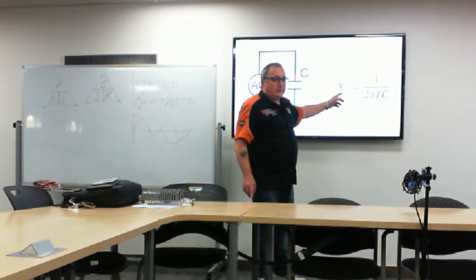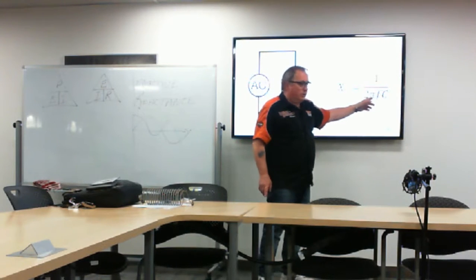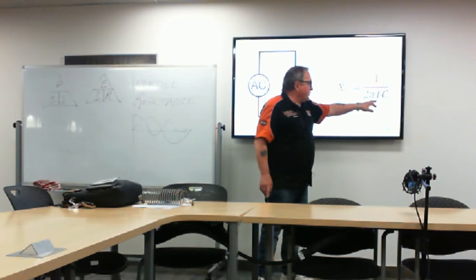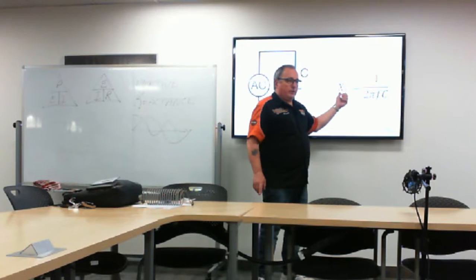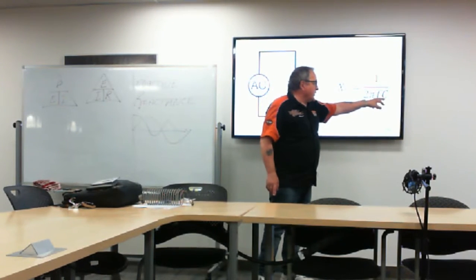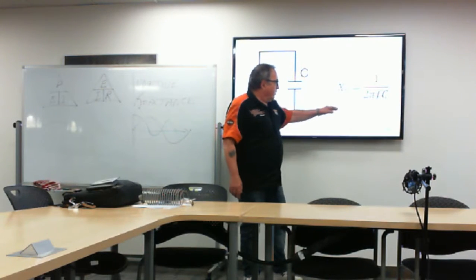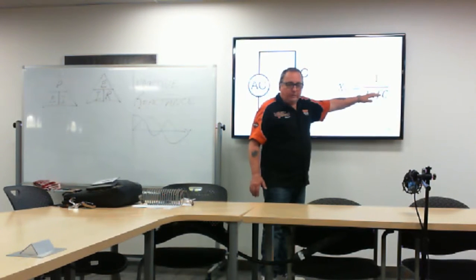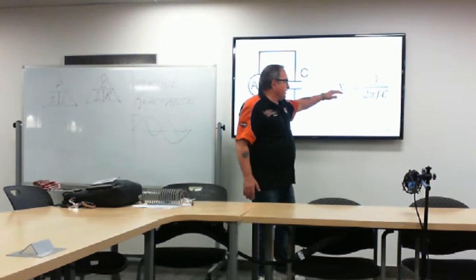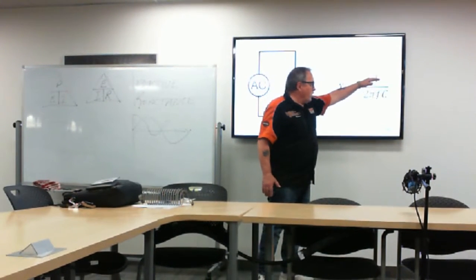Capacitive reactance is the exact opposite. If I increase the frequency, I'm going to decrease the capacitive reactance. If I increase the capacitance, I'm going to decrease the capacitive reactance, because it's an inverse equation. So the capacitive reactance is 1 over 2 pi frequency capacitance.